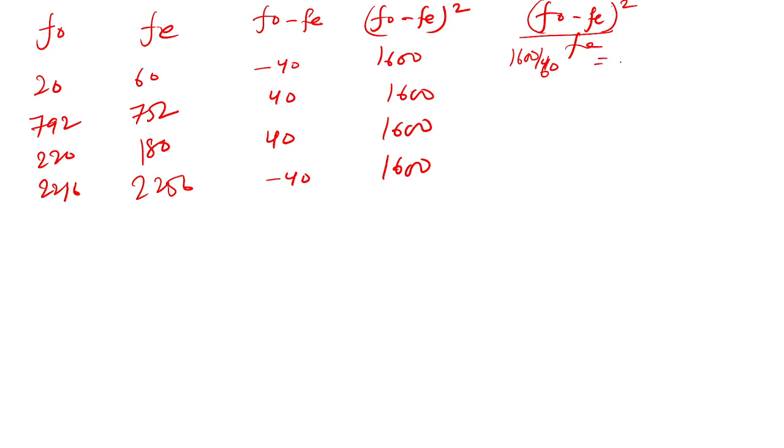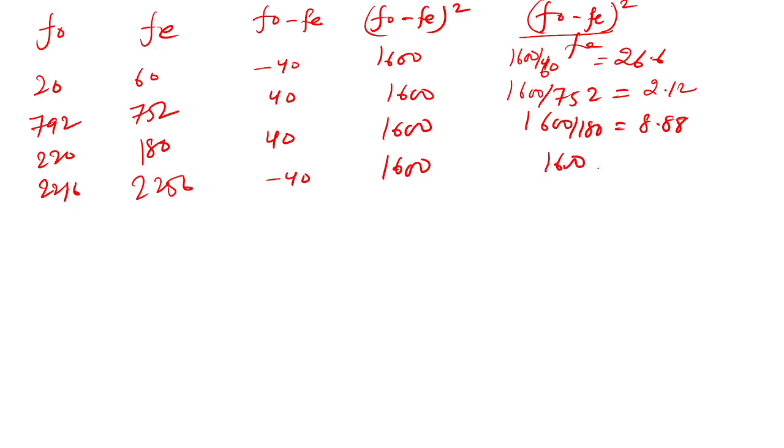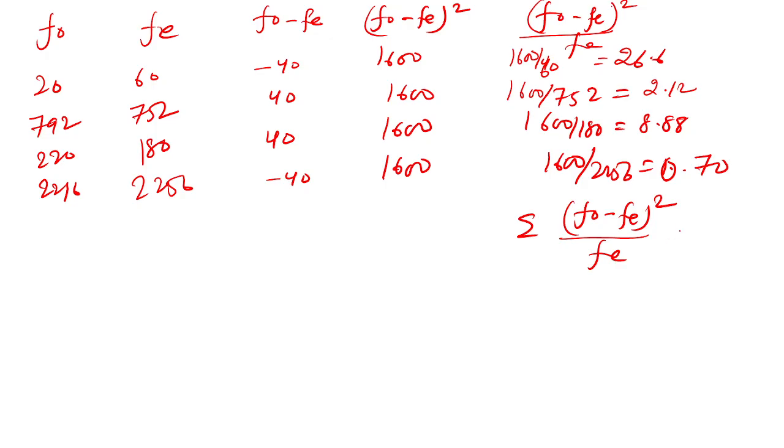Sorry, it will become 26.6. 1600 by 752 will become 2.12. 1600 by 180 will become 8.88, and 1600 by 2256 will become 0.70.